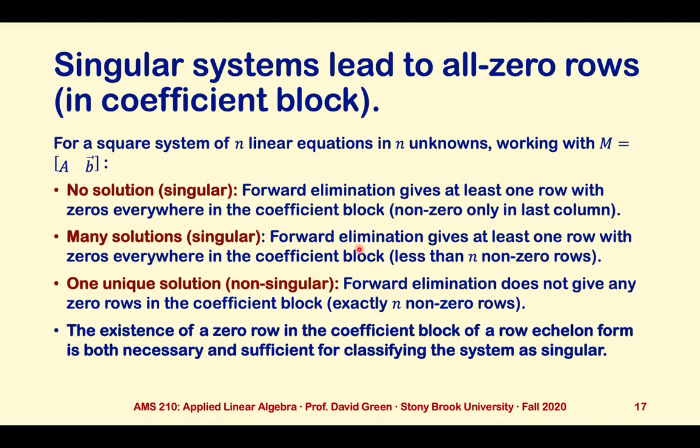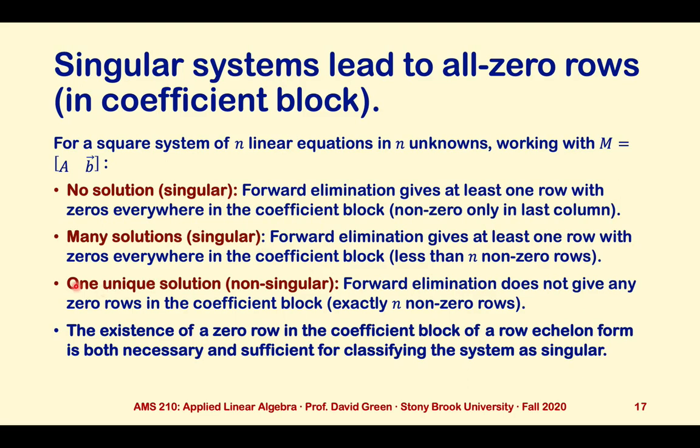Why does this look similar to the previous case? Well, when we have exactly n equations, a 0 row leads to there being less than n non-zero rows, obviously, and that's the condition that we need in order to have many solutions. So we must have some 0 rows in a square system in order to get many solutions.